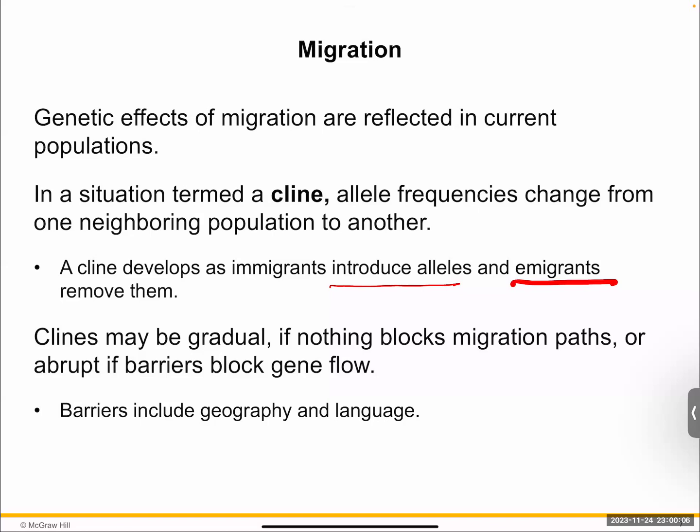It happens over a long period of time. It is much more gradual, and it highly depends on the migration patterns and whether that migration is continuous. Some barriers may prevent this process or the introduction of new alleles, such as language or geographic barriers that limit the access of one population to breeding with a population in a different area or environment.